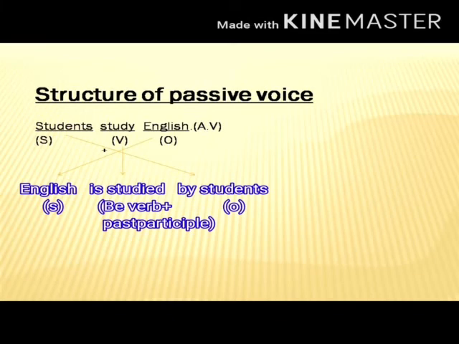The verb study will be changed like this. Be verb is plus past participle studied, and we will add by to say the doer, and the subject students of active voice sentence will become as the object of passive voice sentence.